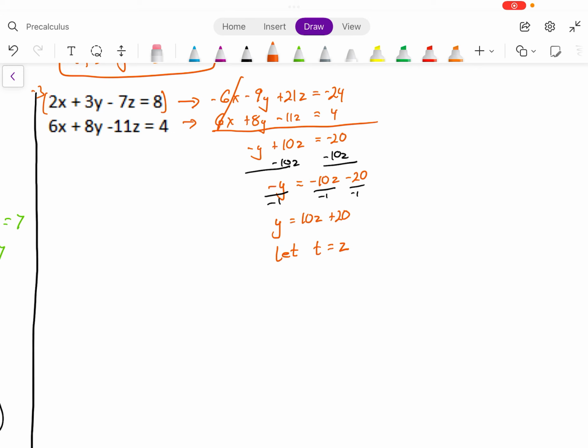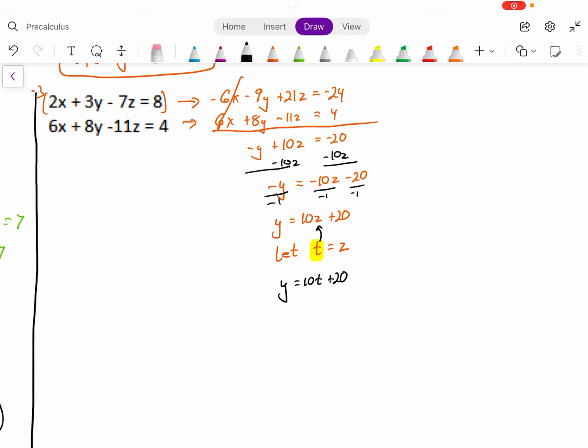And so our easiest ones, we found that, or we're saying that z equals t, or t equals z. We're now going to plug t in for z. And so we see that y is going to be 10t plus 20.